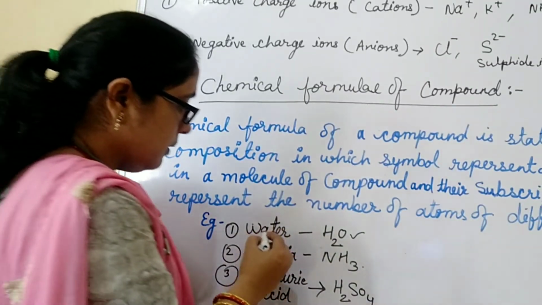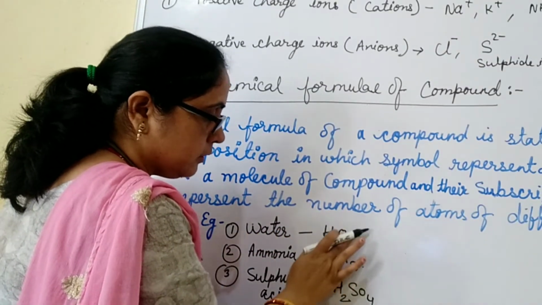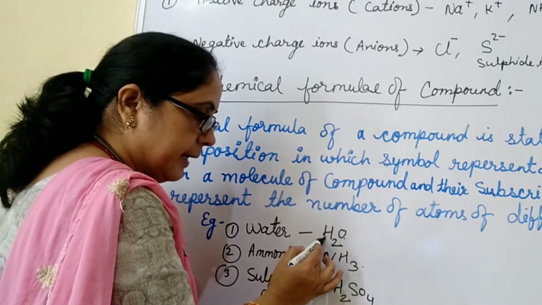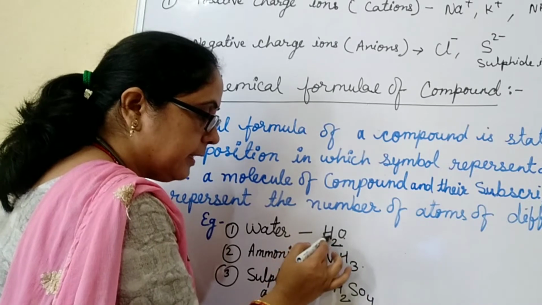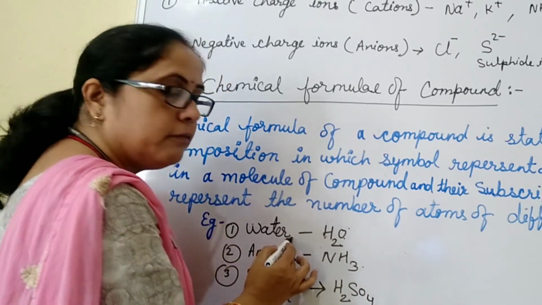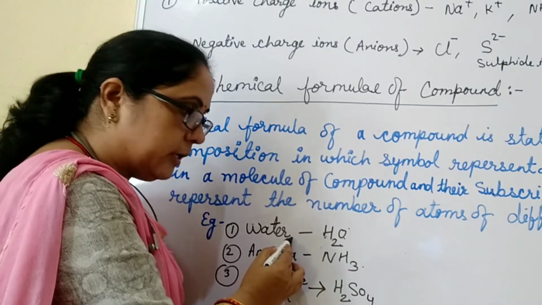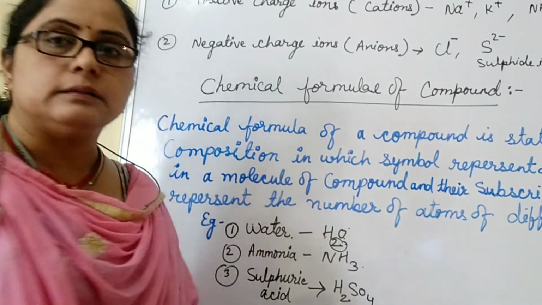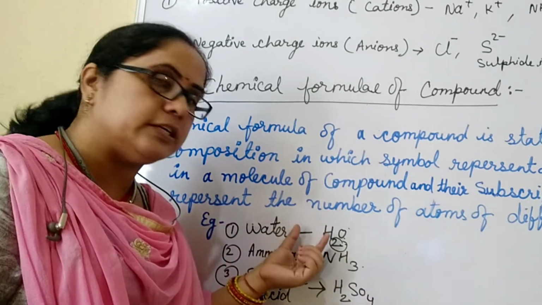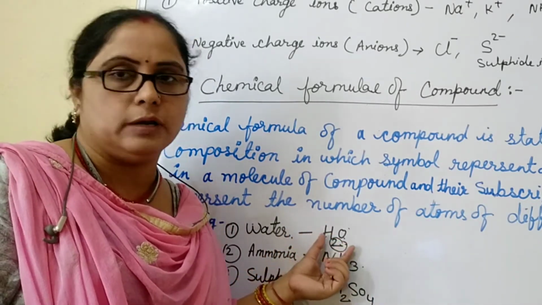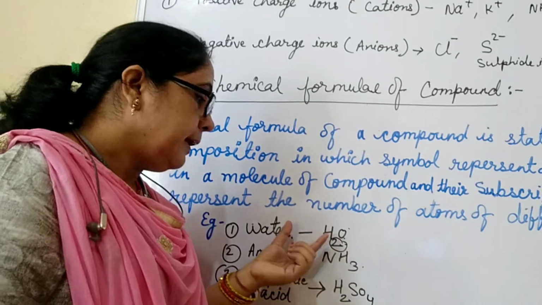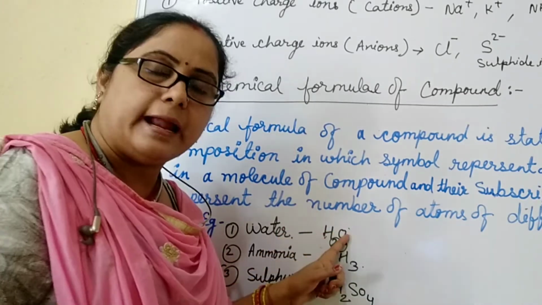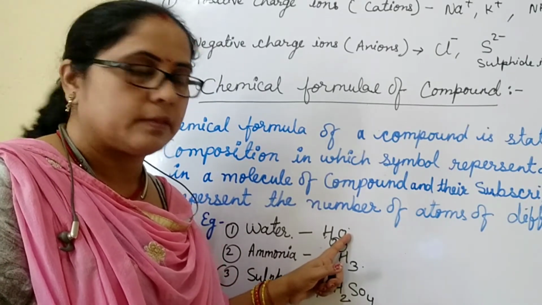See here, water contains the two elements hydrogen and oxygen, and H and O represent the names of elements present in the formula of one molecule of water, and this subscript 2 represents the number of atoms of hydrogen present in this formula. It means water contains two hydrogen atoms and one oxygen atom.